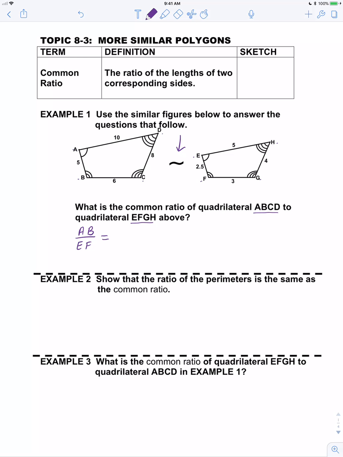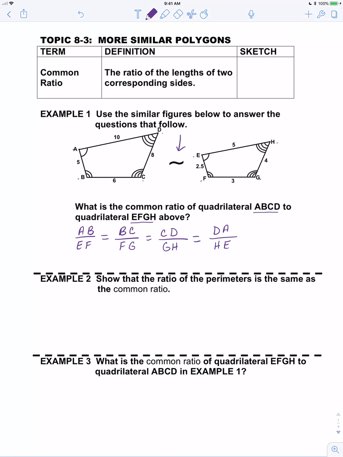So our next line is BC, and it should be similar to FG on the other one. Then just keep going around. We should have that same ratio between CD and GH. And then the last one would be DA to HE.